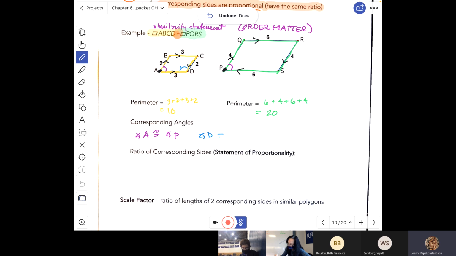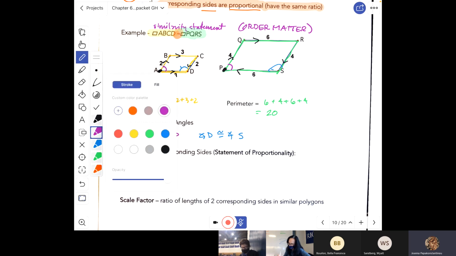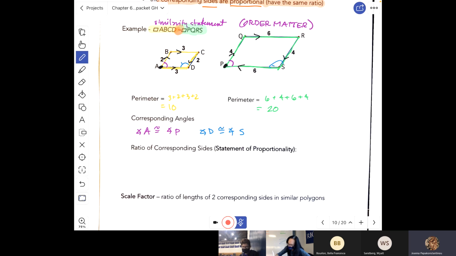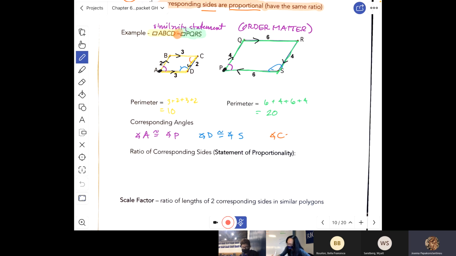Angle D is congruent and corresponding to angle S. And I keep traveling. And I have angle C is congruent, corresponding to what? Angle R.